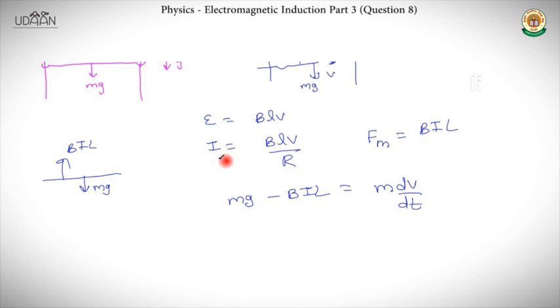And here we know I is nothing but BLV by R. On substituting that, we'll get mg minus B square L square v by R equals m dv by dt. Here the mg, B, L, R are constants. It's nothing but a differential equation of v with respect to t.